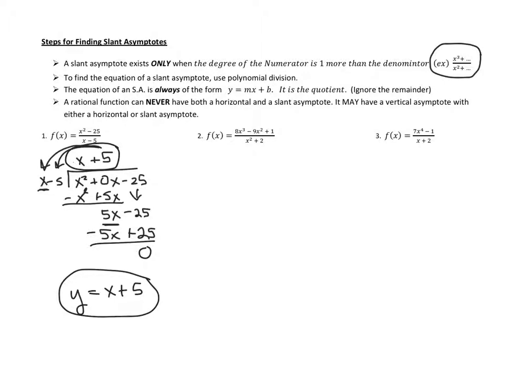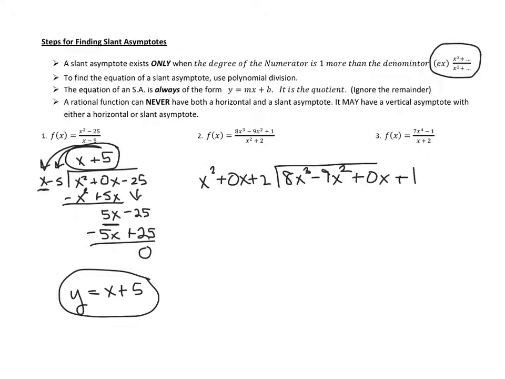Now notice in the bottom we have x squared plus 2. We are missing the x term, so I'm going to put a 0 in that place. And I'm dividing into 8x cubed minus 9x squared. We're missing the x term in that one also, so I'm going to put a 0 in that place, plus 1.